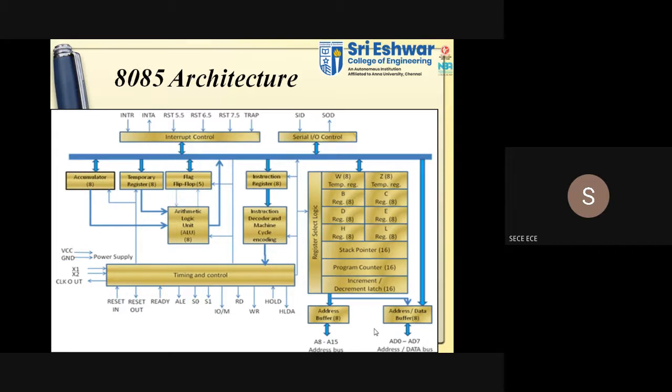Okay, so since it is 8-bit microprocessor, we have only 8 data lines. So that here they have mentioned like D0 to D7. You get my point? Right. So this is the architecture of 8085.